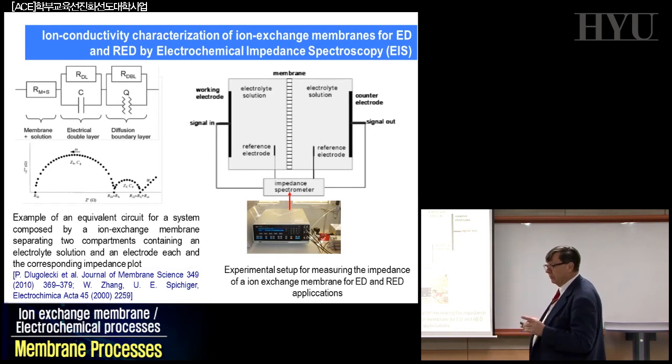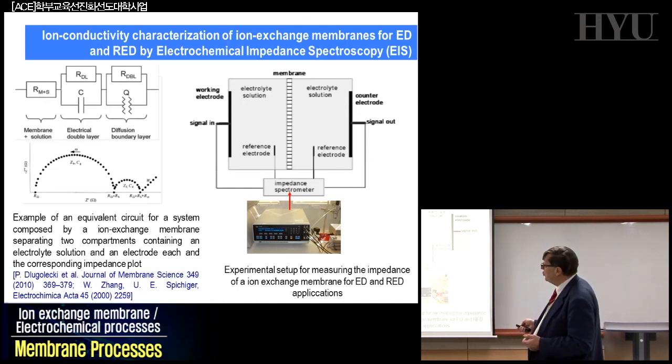That's very important in many cases, because it's related to the flow dynamics. But what is more interesting here is that, if this is true and it works, you can use this kind of measurement to follow what happens with time, not just in the intrinsic resistance, but at the interface, the double layer and the diffusion double layer, which means fouling.